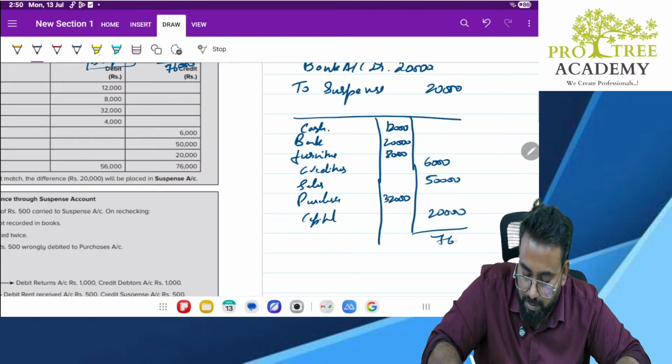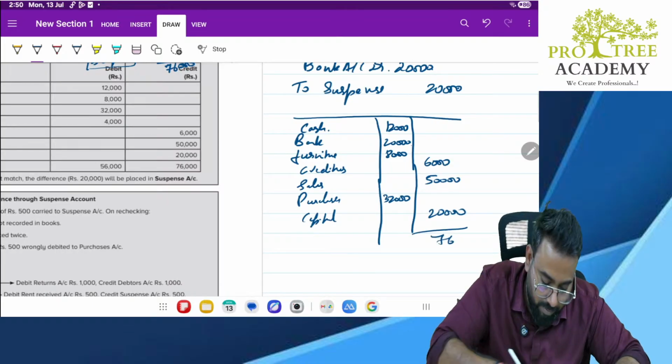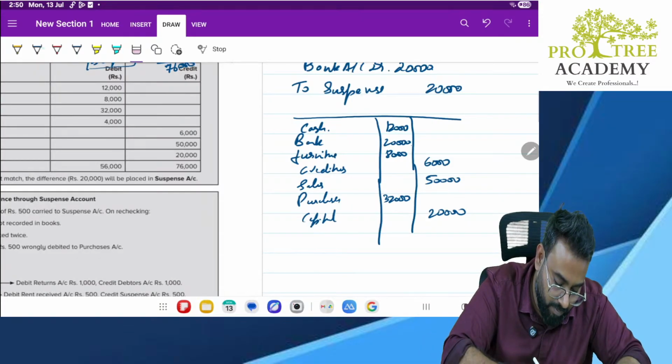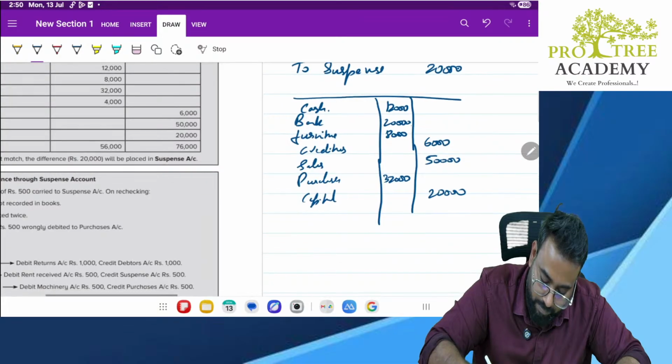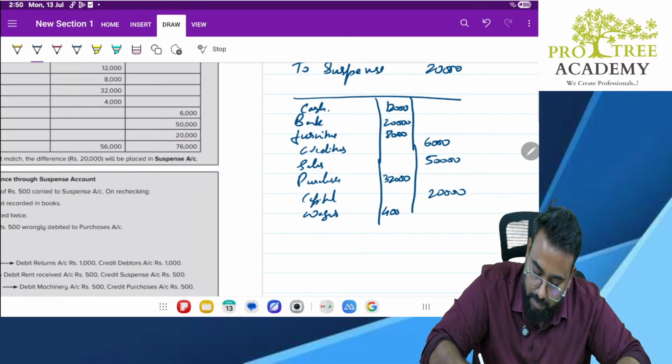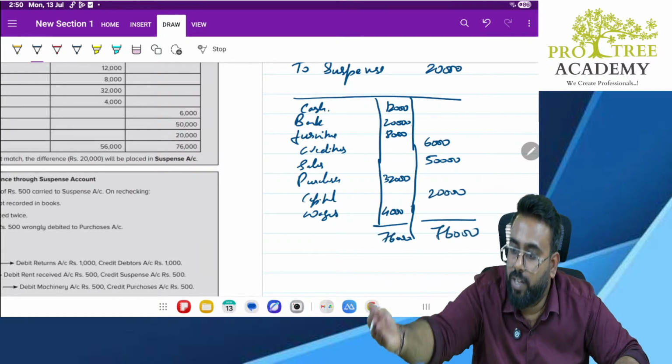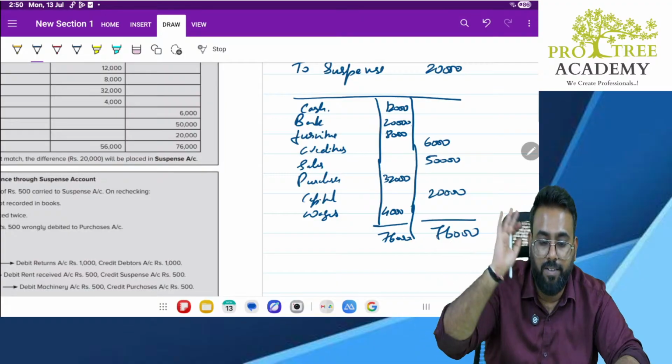Now see, wages is there, okay. Wages, correct? Now see, is it telling? Suspense went out, bank came in.